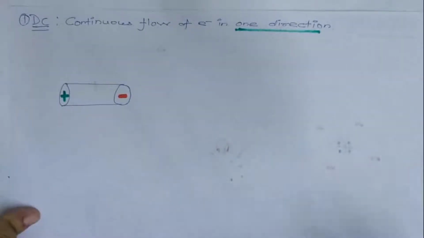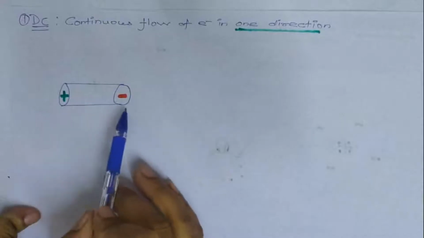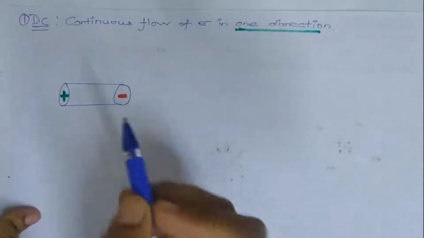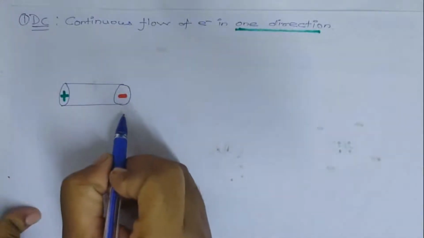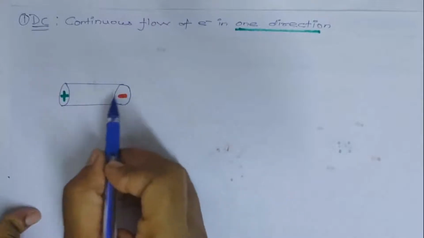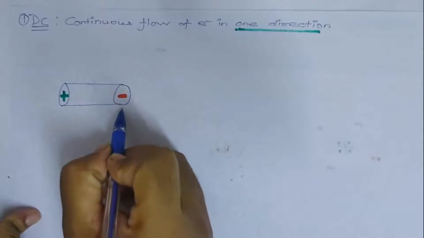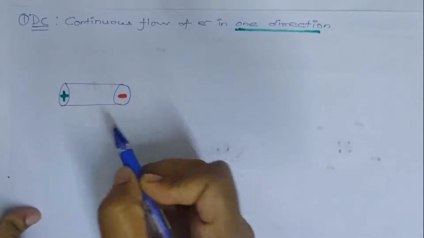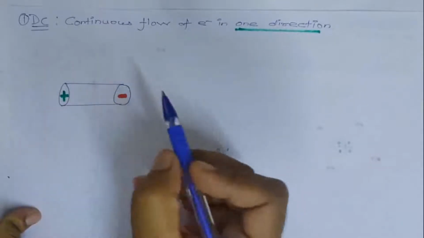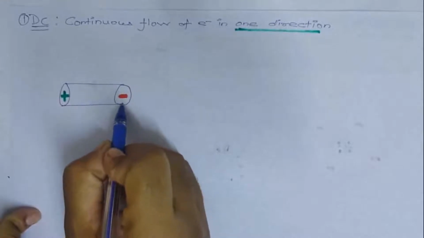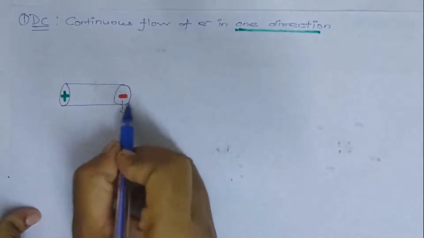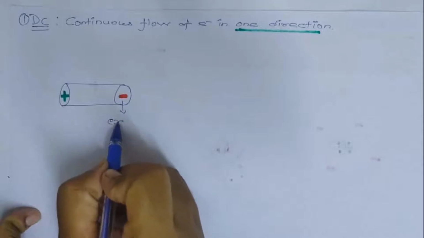Do we know what this plus and minus means? Let me tell you. This minus terminal has extra electrons. We can say it has a surplus of electrons, or more electrons, whatever you say. So let us call it extra electrons. This terminal has extra electrons.